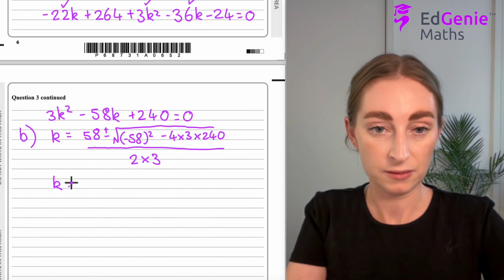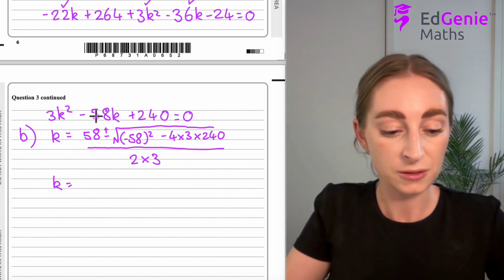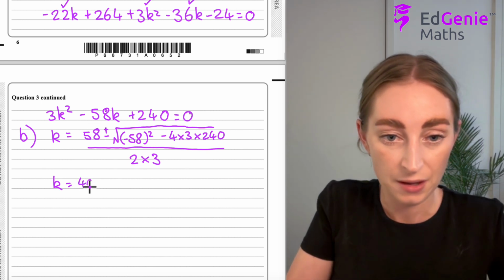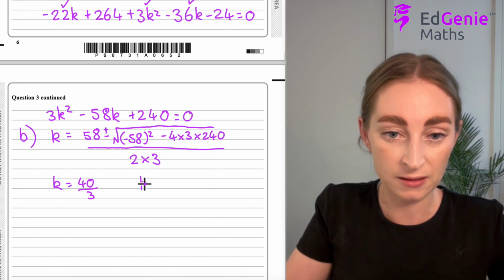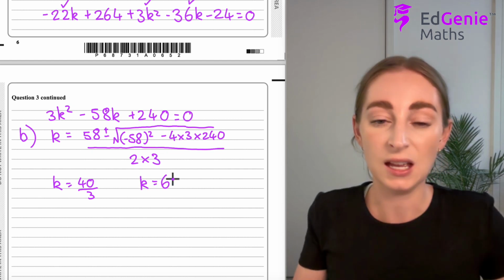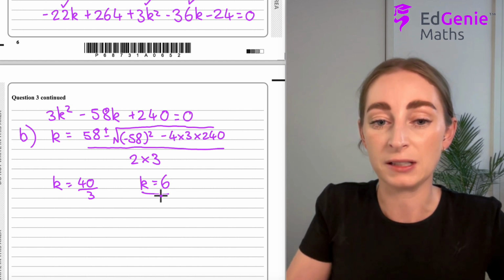So it's 3, minus 58 and 240. So my two answers are 40 over 3. And my other answer is 6. So yeah, this one's the correct one because that one is not an integer.